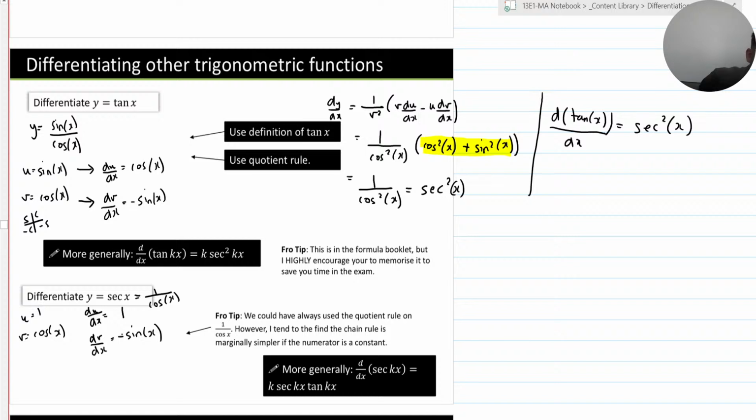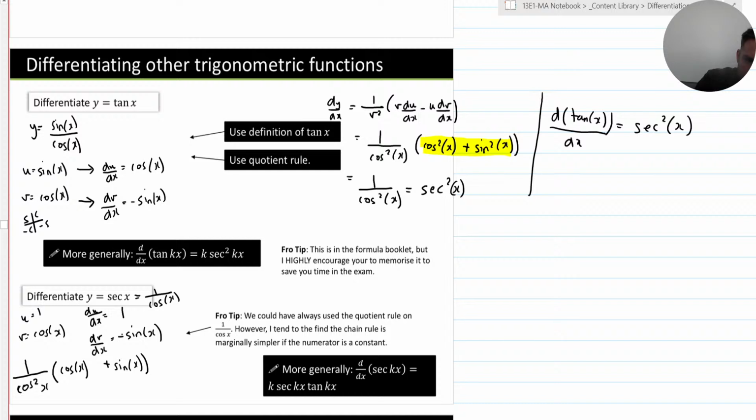So we then end up with 1 over v squared, which is going to be the 1 over cos squared x times by v du by dx, which is going to be cos of x, minus u, so that's going to be plus a sine.